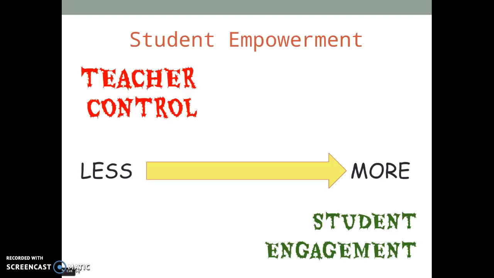As we move toward more independence for the student, it can seem scary for the teacher to lose control. But as we reflect, we can see that the arrow of control implies that with this less teacher control and more student control, the student is more engaged and invested in his or her own learning. The arrow also represents feedback.